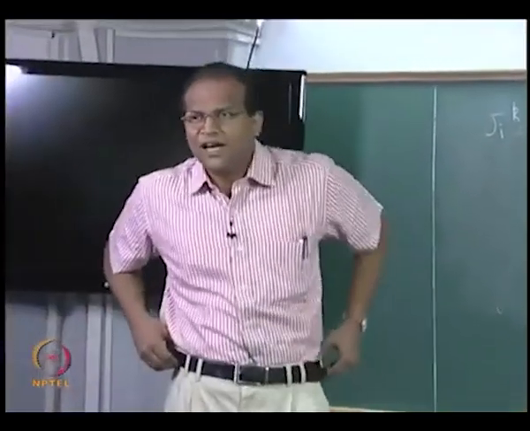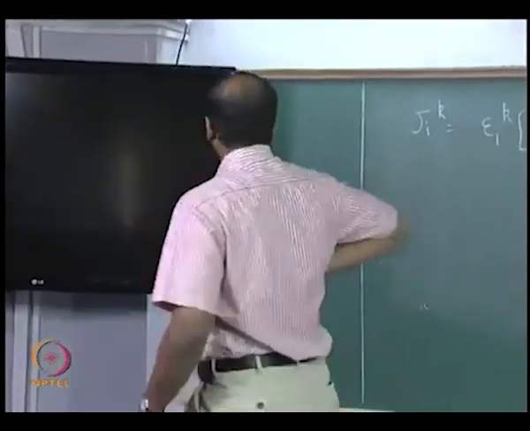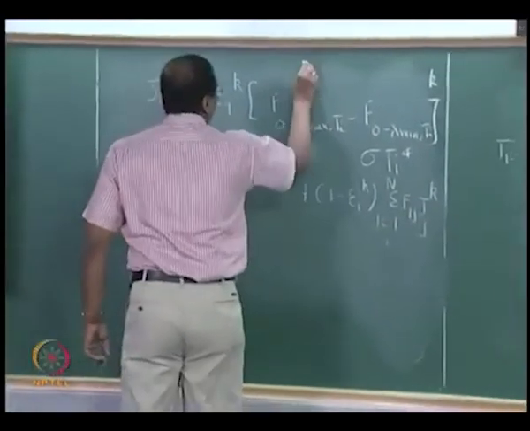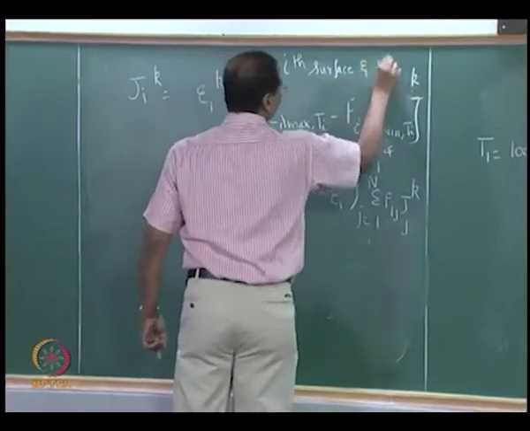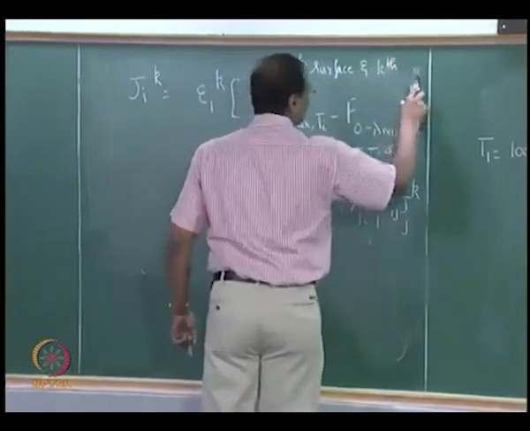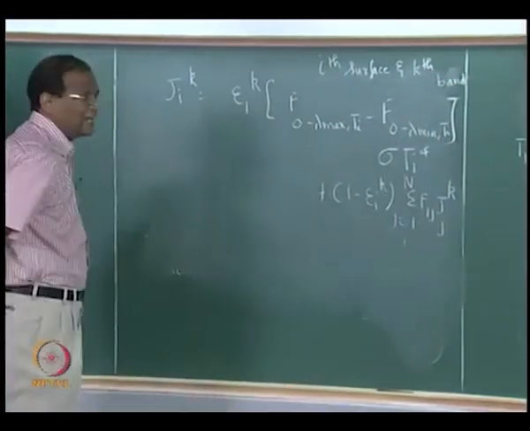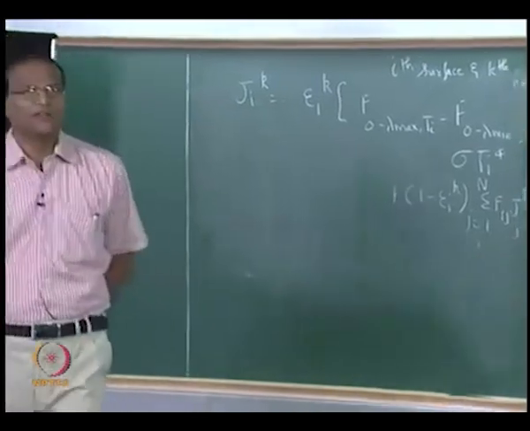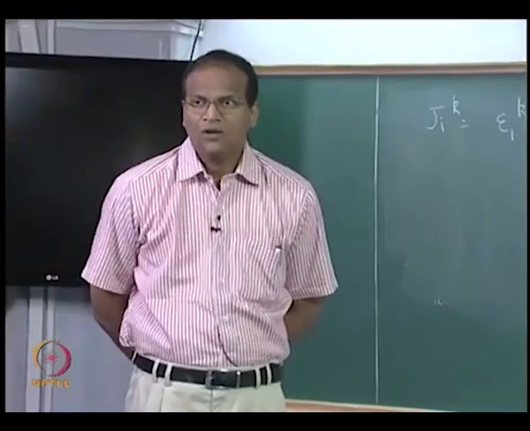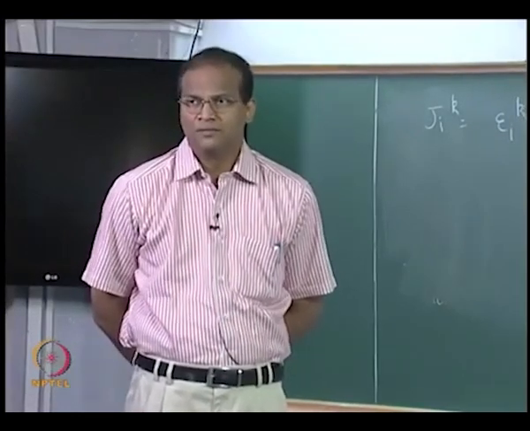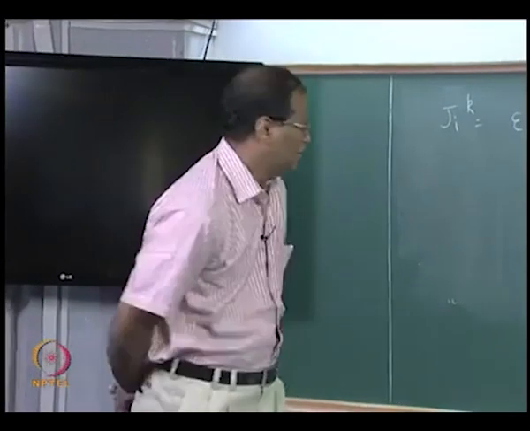So I have written the radiosity relation for the ith surface and the kth band, very good. Here i is varying between 1 and 2, k is also varying between 1 and 2. We will have only 4 equations, 2 sets of equations can be simultaneously solved to get J11 and J21. Second set of equations, are you getting the point?